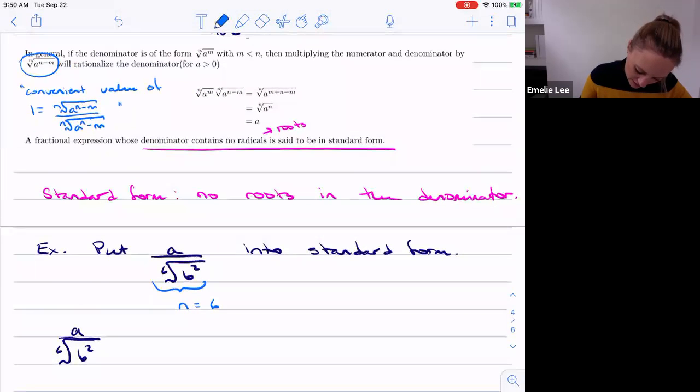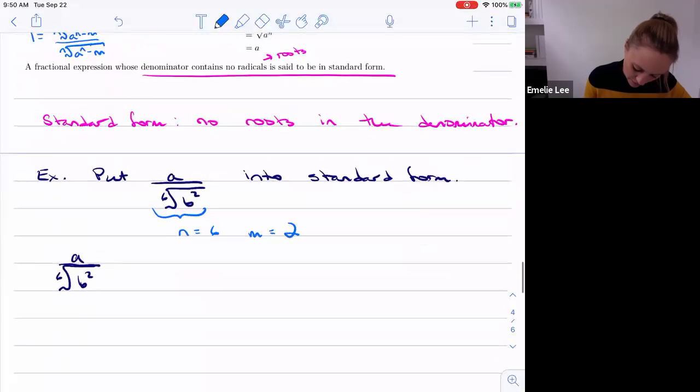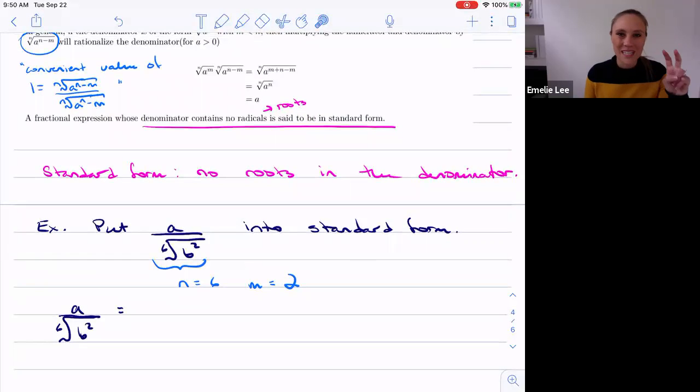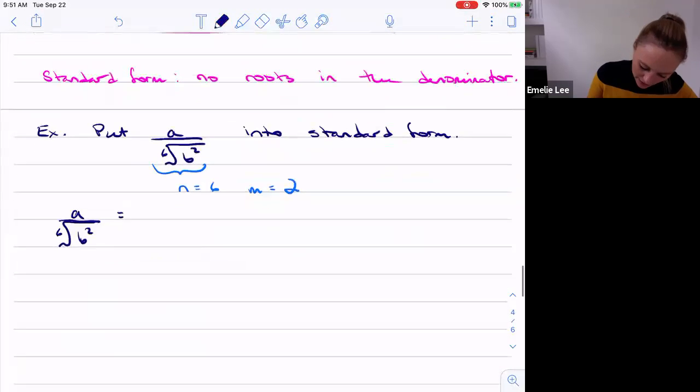So n is 6 and m would be 2. It's not obvious without more practice, right? It's not going to be obvious that our convenient value of 1 is the nth root of a to the n minus m. It's not until you've practiced it that it's going to come more naturally.